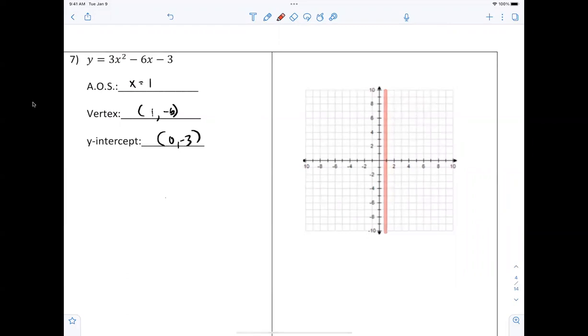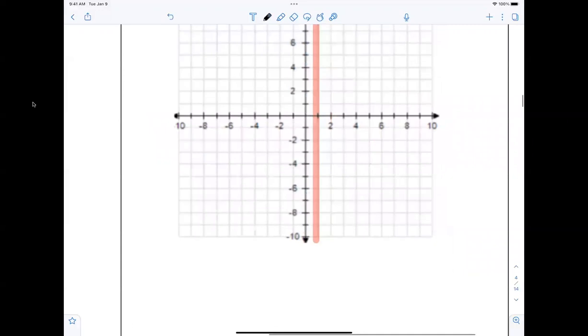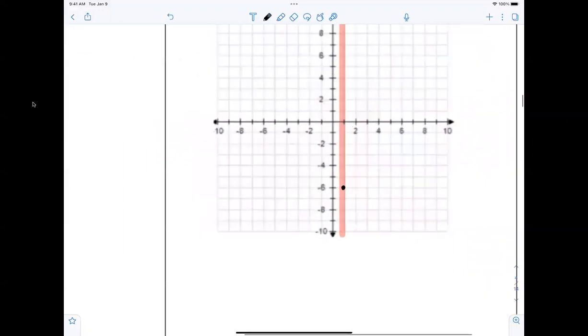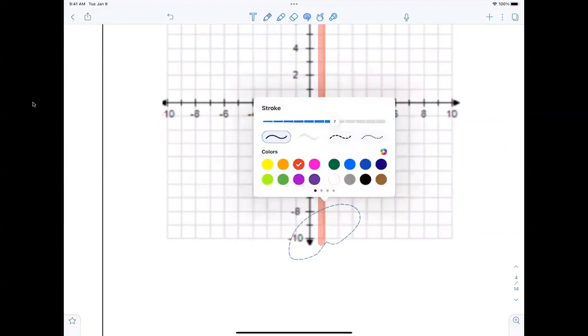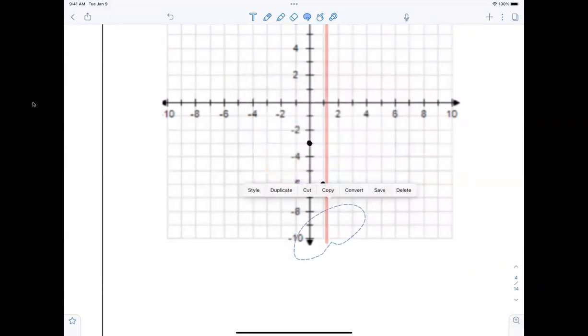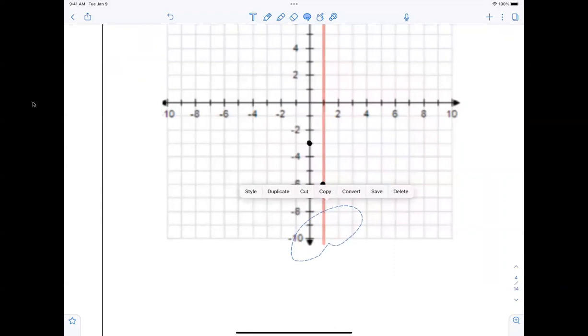Then draw the vertex. Then the y-intercept. How far away from the axis of symmetry am I? 1 unit, right? So that means what? I move 1 unit over to find the other point. So I agree with that.